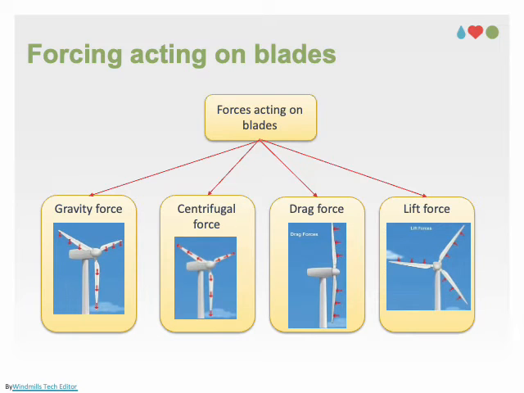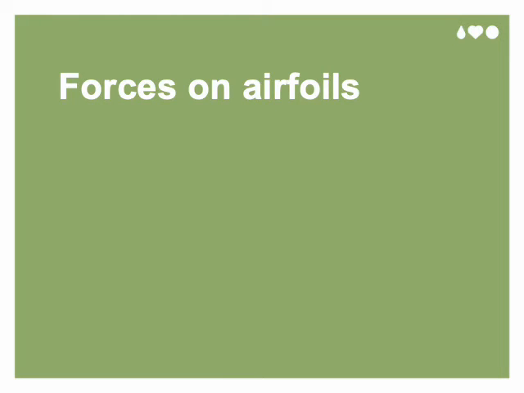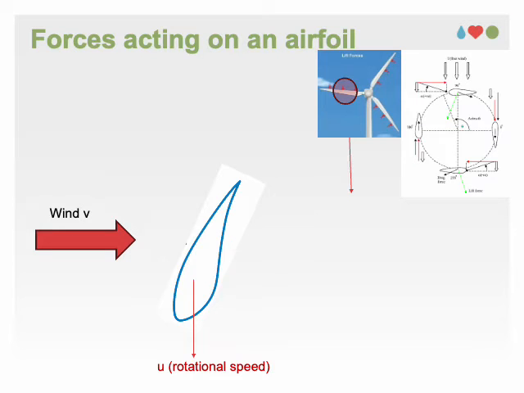Now, after reminding you on a few principles, we are ready to learn forces acting on an airfoil. Wind is hitting perpendicular to the rotor sweeping plane as shown here.